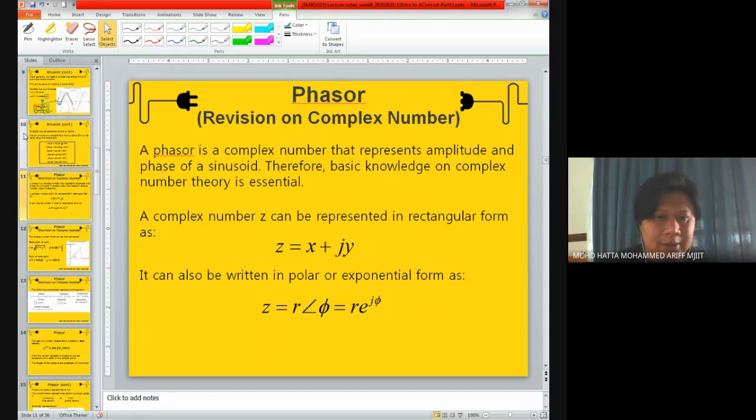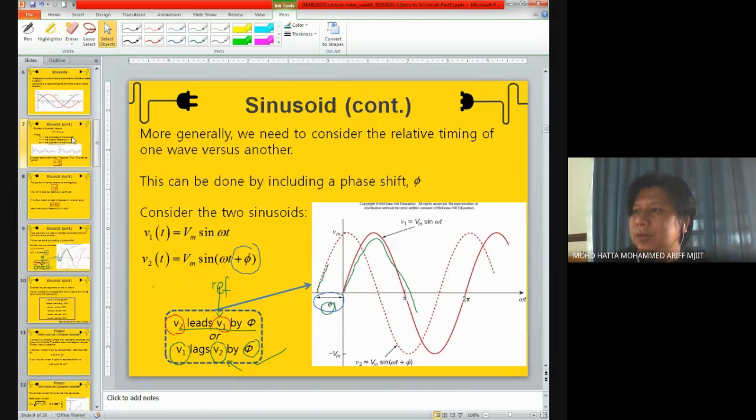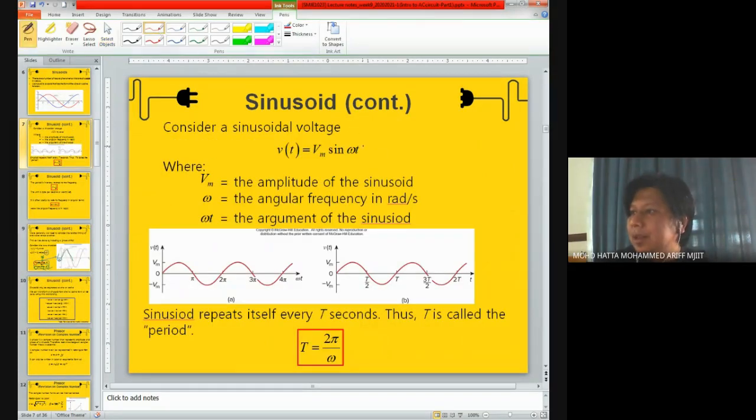If you look at the earlier slide, this kind of equation is considered to be in the time domain, because we have this time influence over here and also over here.